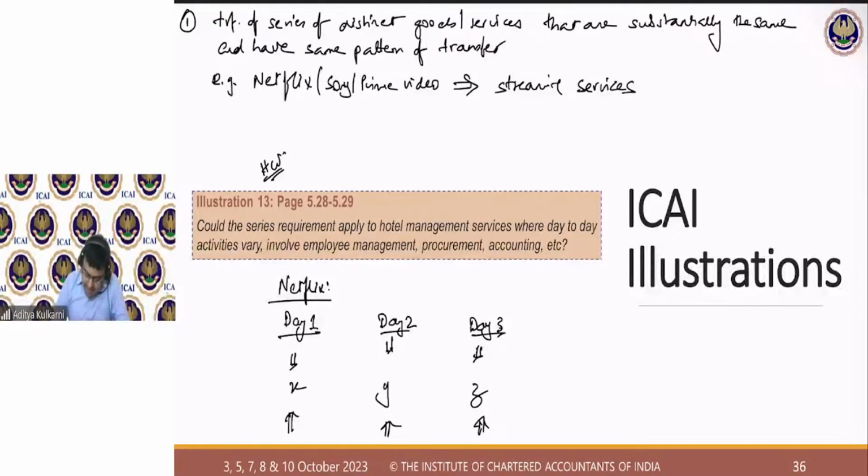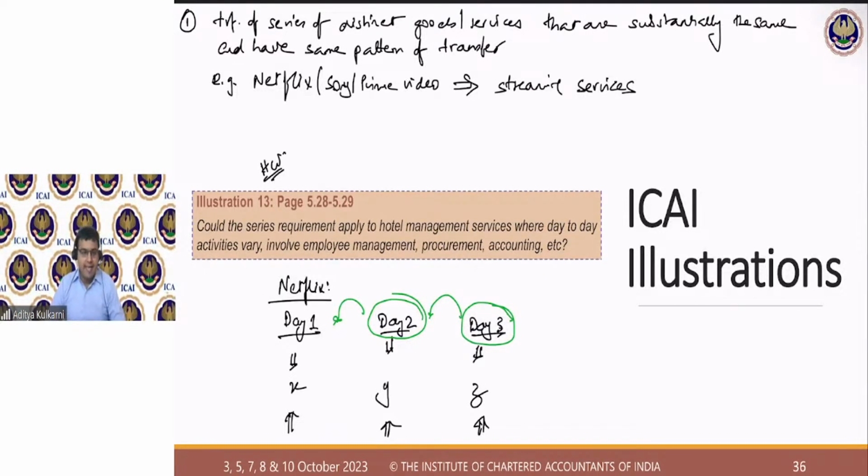Now, is the service rendered on day 2 distinct from what was rendered on day 1? Answer is yes. Is the service rendered on day 3 distinct from what was rendered on day 2? Answer is yes. But it is basically the same service which is being given over the tenure.